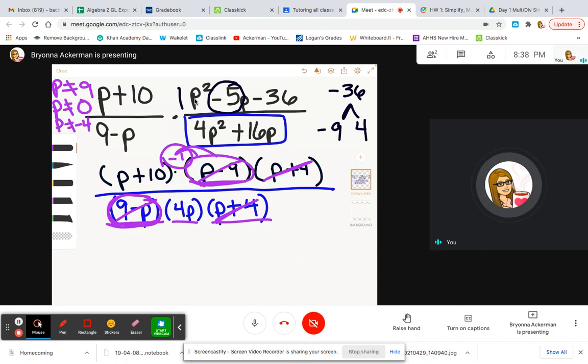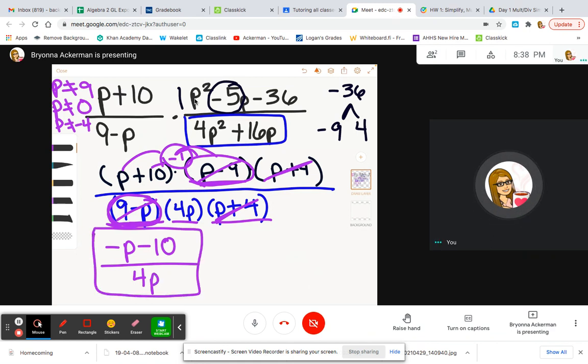That gives us a -1. And that's actually the only thing that we can do. And so from there, we can distribute this -1 into what's left up top. And so we would get a negative p minus 10. And then on the bottom, all we have left is that 4p. And so this is your final answer.